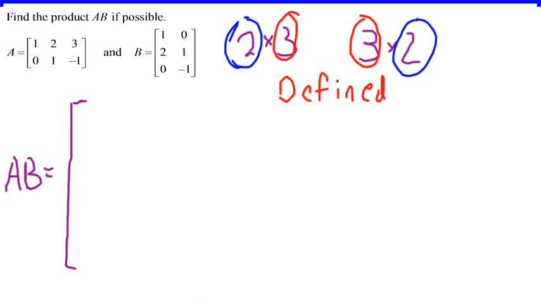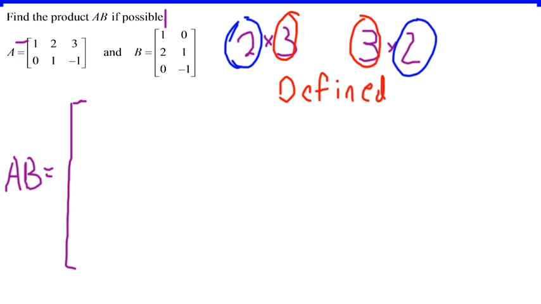If we're going to multiply this out, first we have to take row 1 of our first matrix and multiply it by column 1 of the second matrix. We have 3 entries in row 1 and 3 entries in column 1. So we're going to multiply each of these entries together.